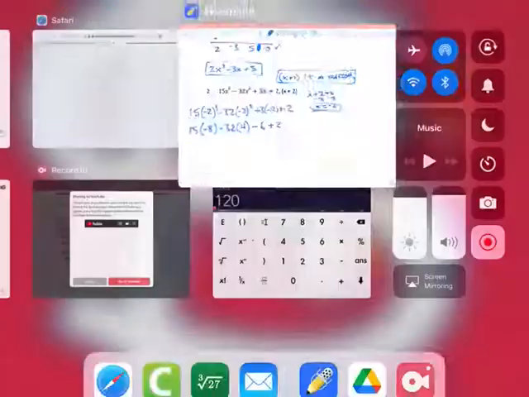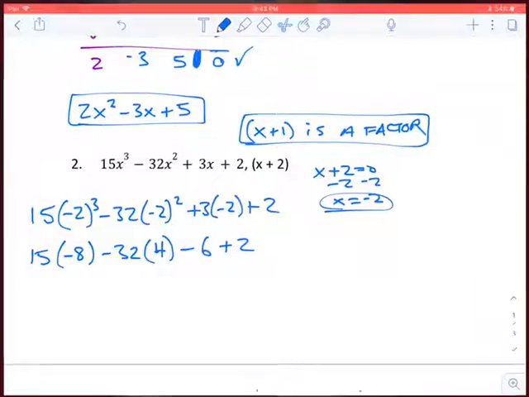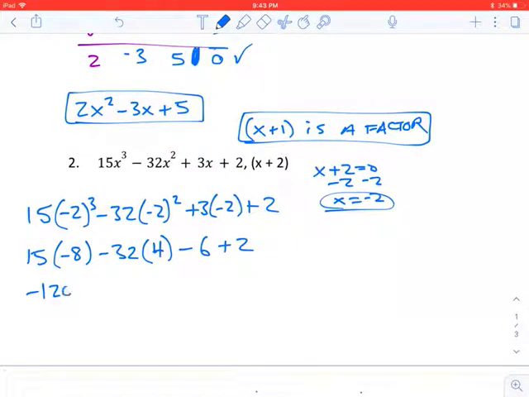And negative 32 times 4. 120 and 128. So negative 120 and negative 128 minus 6 plus 2.